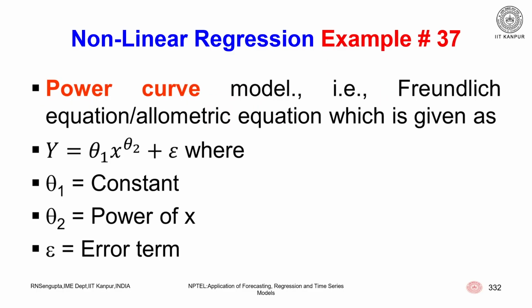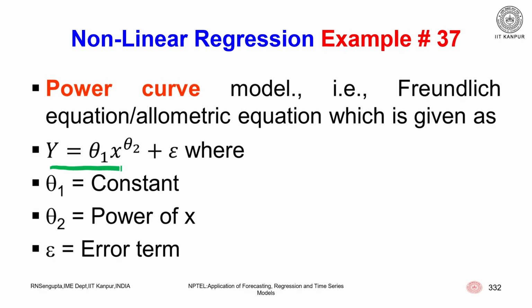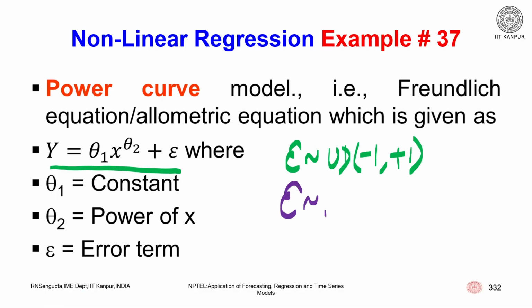The next model which we will consider is the power curve model, which is the allometric equation given by this form. The equation is y is equal to theta 1 into x to the power theta 2, plus epsilon, where epsilon is the error. If you remember, the error can be uniform discrete between -1 to +1, or it can be normal with 0 and 1.